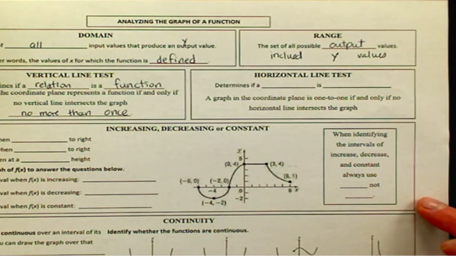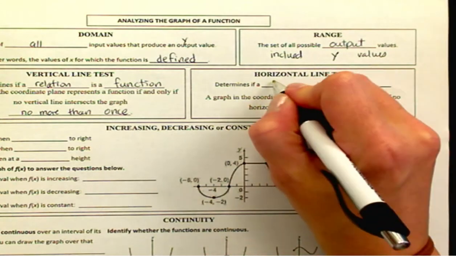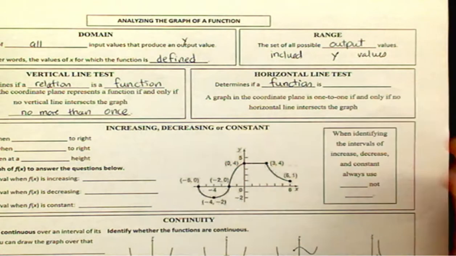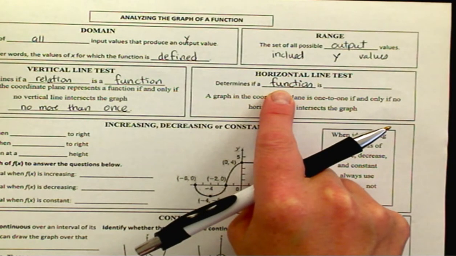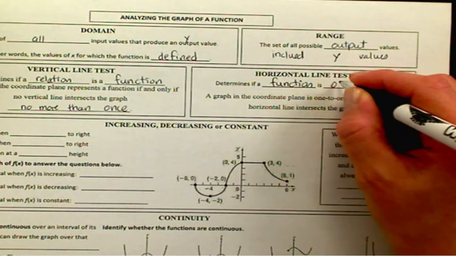I'm going to fill in these first 2 blanks because this is a new vocab word. Determines if a function is 1-to-1. Notice that we're already a function, so we've already passed the vertical line test. Is 1-to-1.